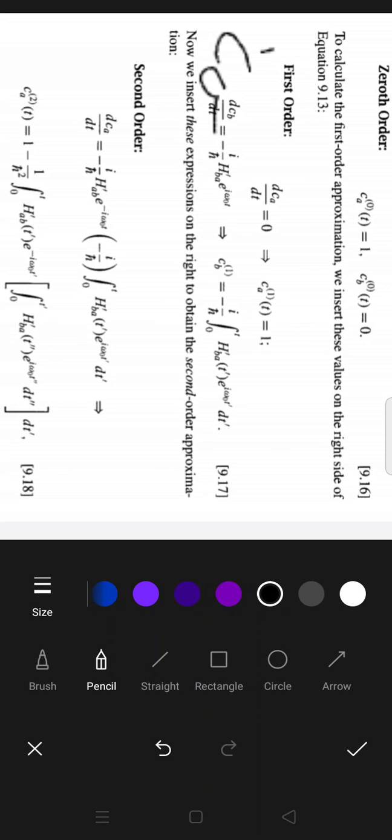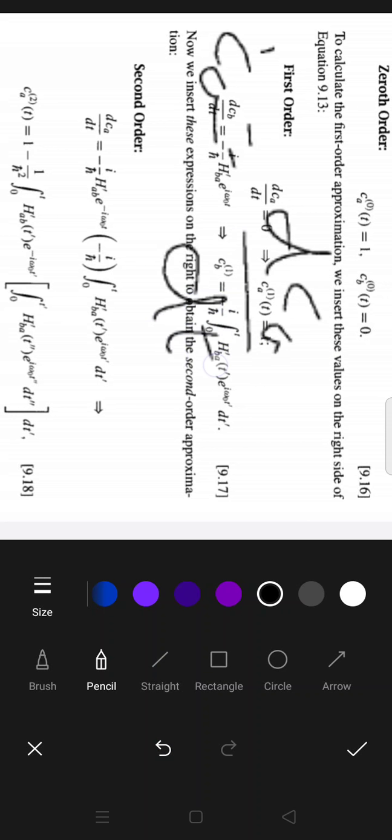So if you keep it like that, then dCa by dt is equal to 0, because the zeroth order Cb of t is equal to 0.